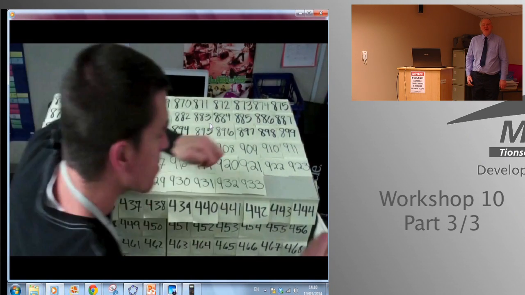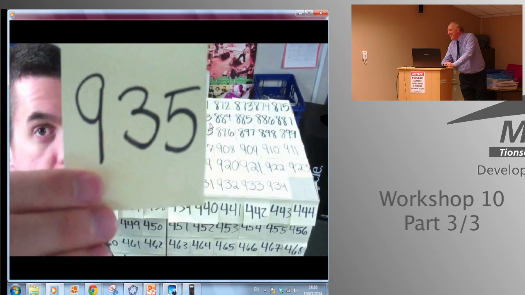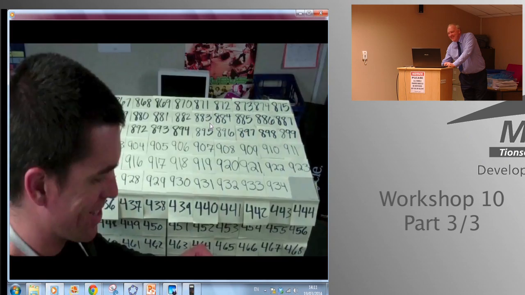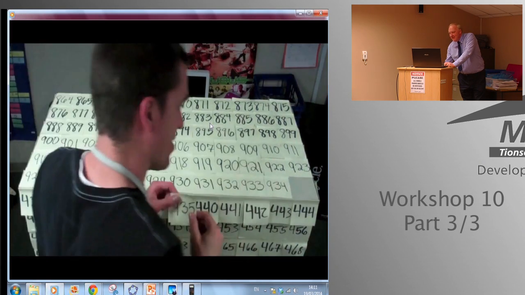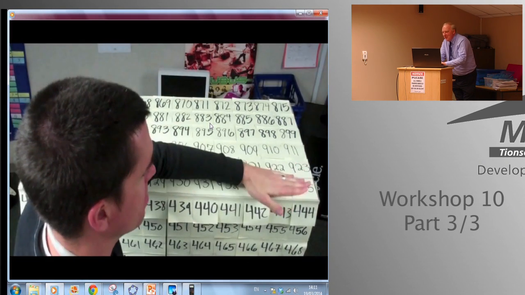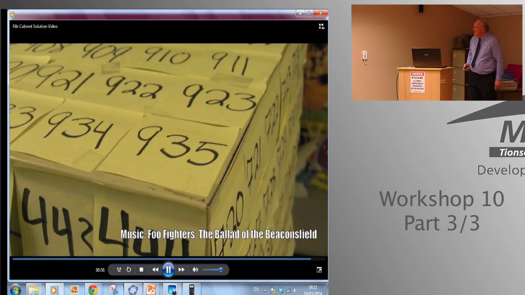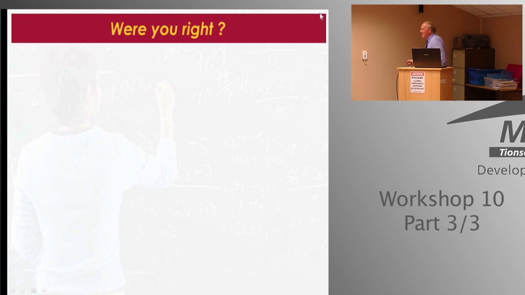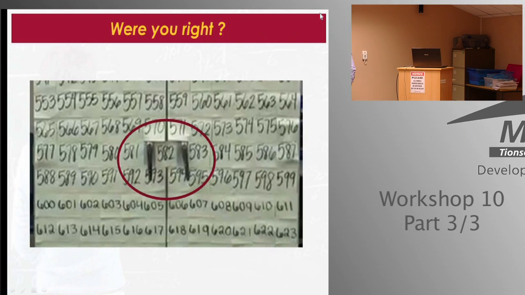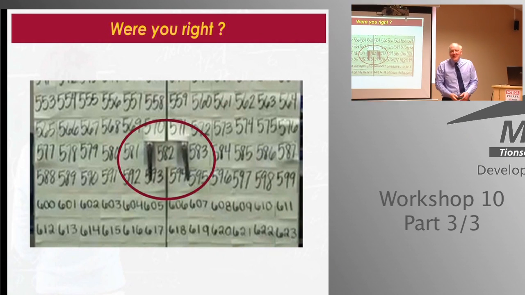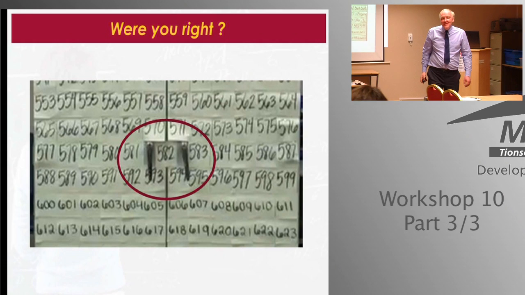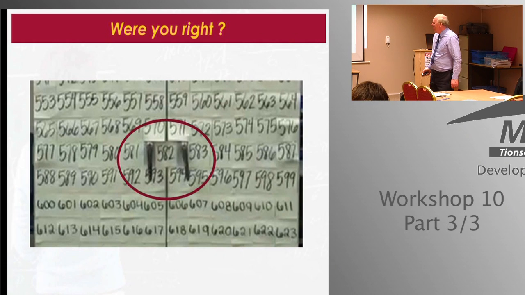We were out by one. Okay, now we were out by one. So, were you right? And of course the problem arose here with the handles, so there's the one, you know, 935, yep? So you did well. Your estimate was the same, was it?